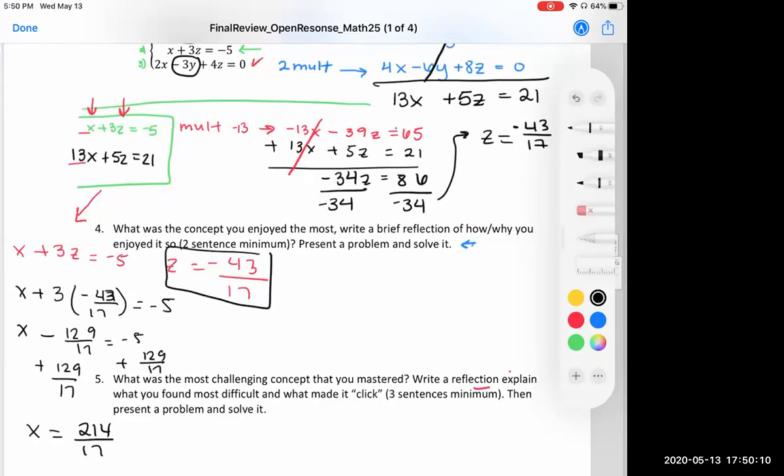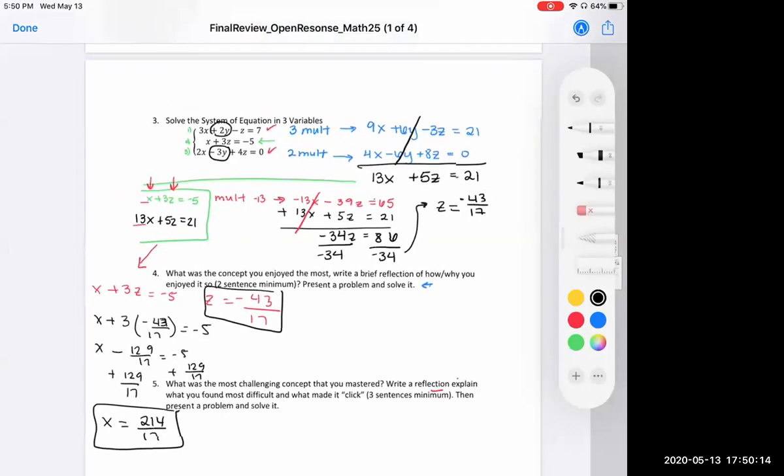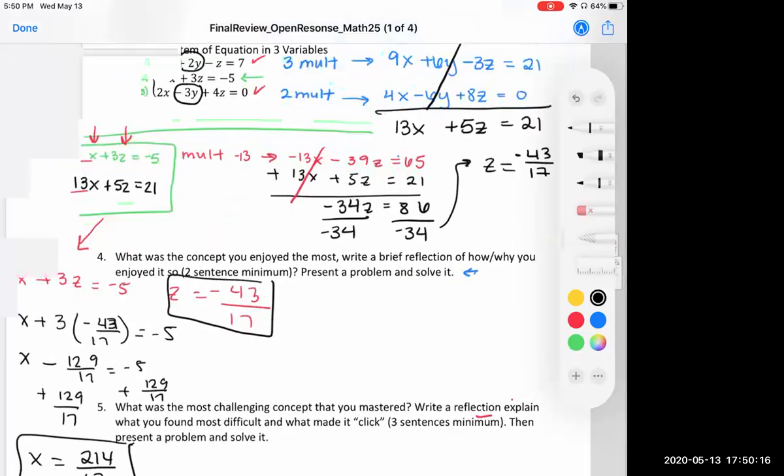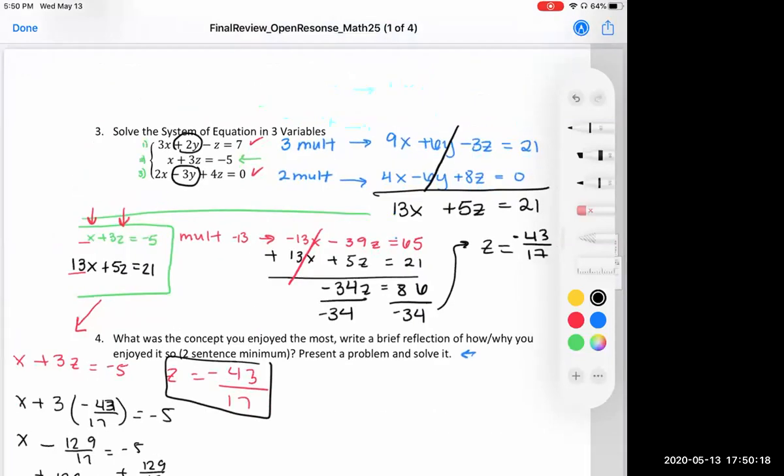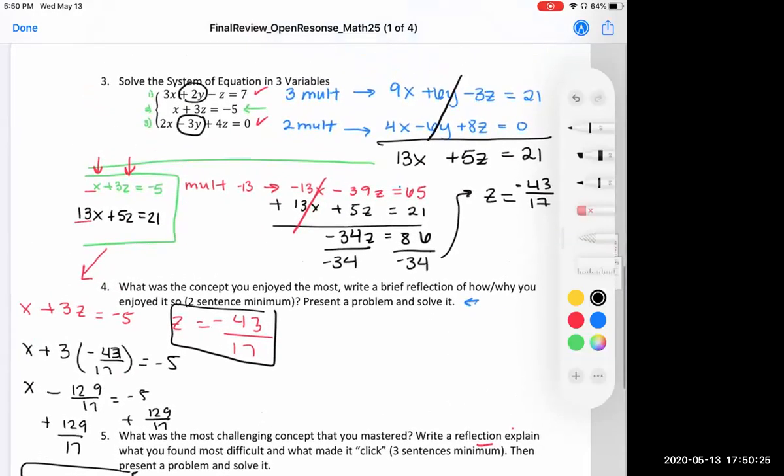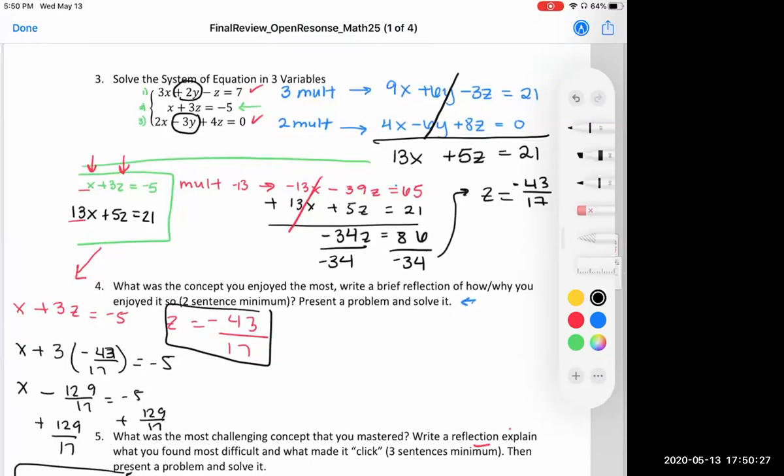So we found our z, we found our x. Lastly, let's find our y. So we go ahead and choose one of our initial equations, and we pick whichever one we want to find our last variable, which would be y. So let's pick that first one.